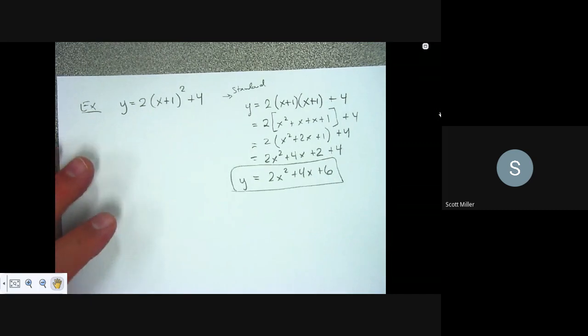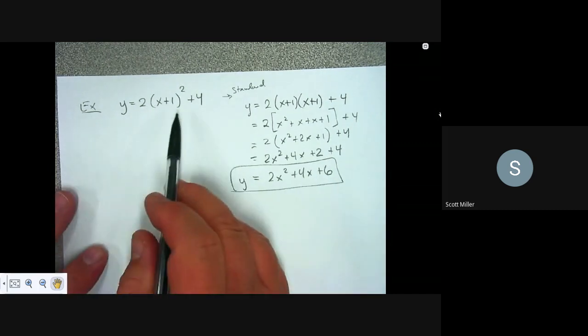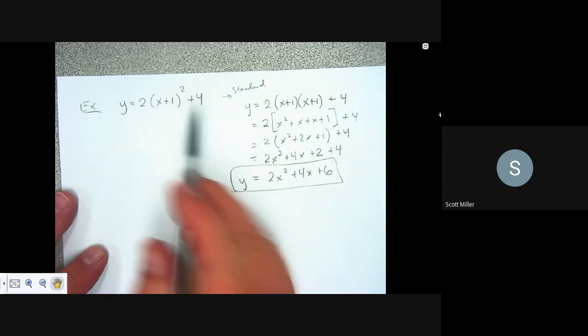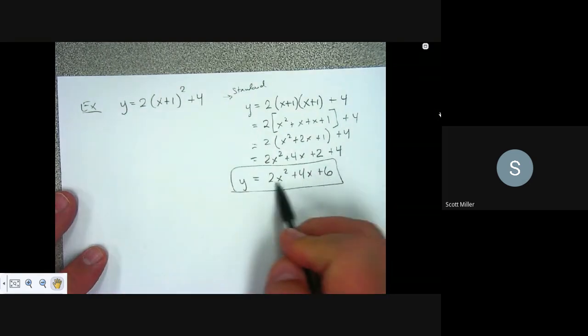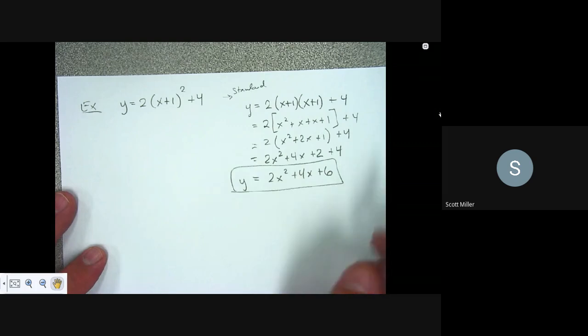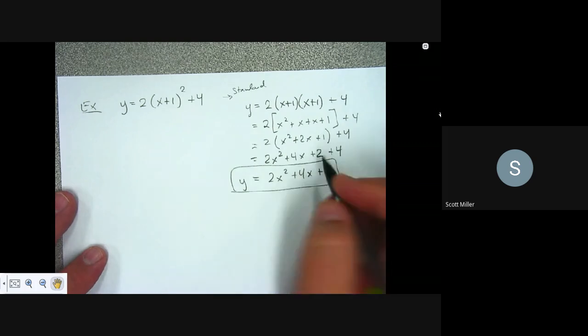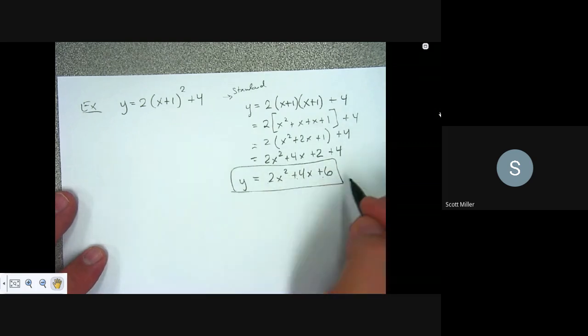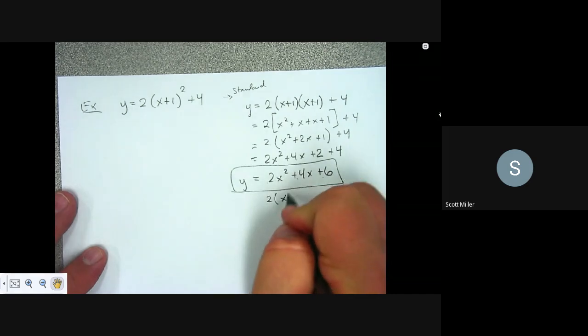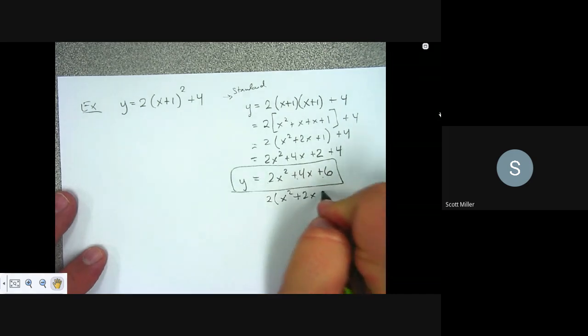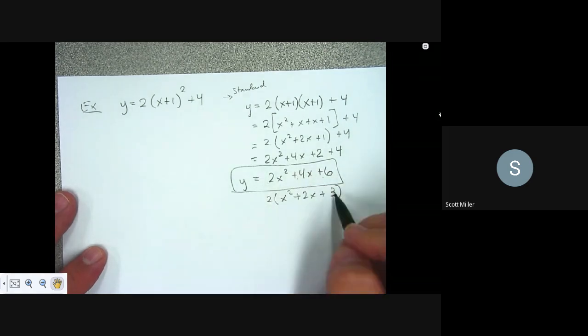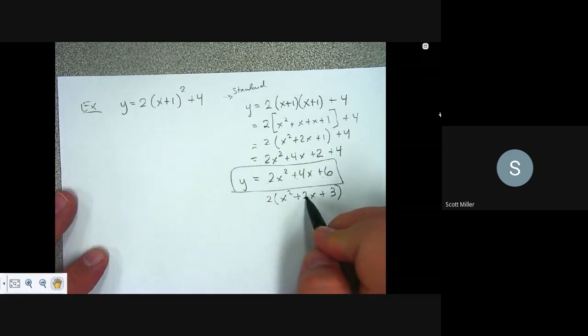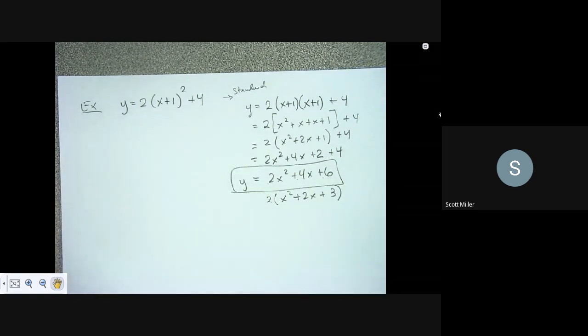So that's how I go from vertex form to standard form. Okay? It is very challenging to go to factored form at this point. But if you did, you would have to factor this thing right here. And I believe this one right here is not able to be factored at this time. Now watch, I'll show you. If I find a common factor, which is 2, and then you have 2x plus 3, I need to find factors of 3 that will add and give me a 2, and that just doesn't happen.